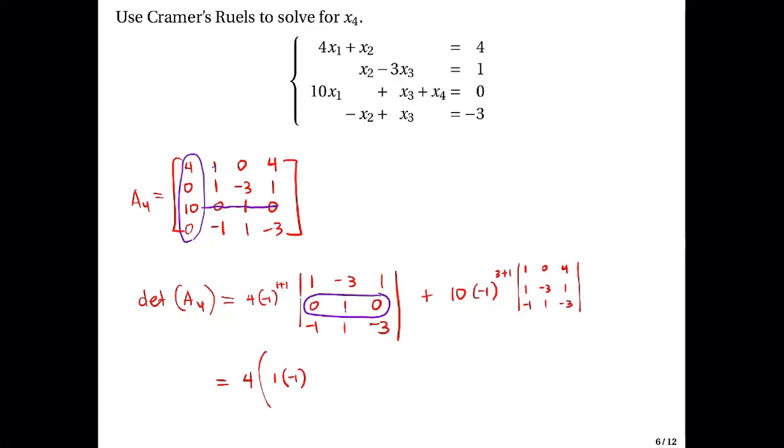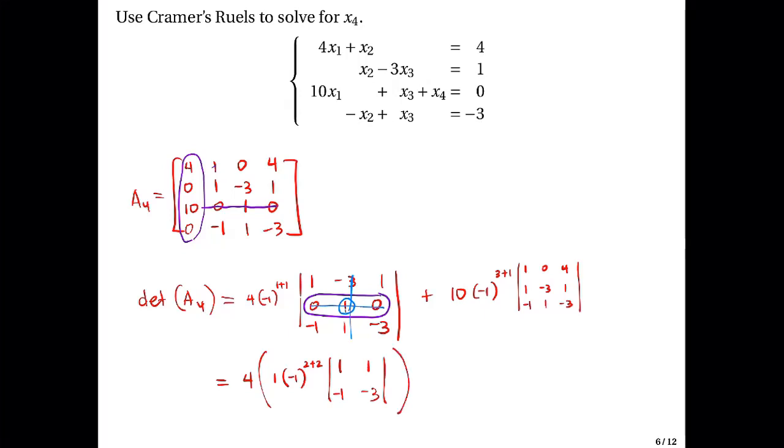On which location? What is the location of this entry? It's the 2, 2 entry. So you have 2 plus 2 as an exponent here. And then you delete this because you are now doing this entry. You delete this. You also delete this. And therefore, we have here 1, 1, negative 1, negative 3.